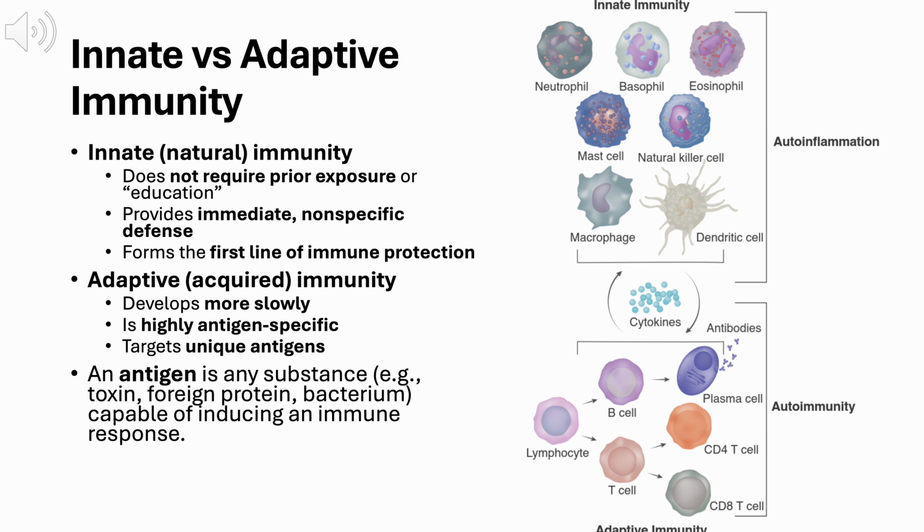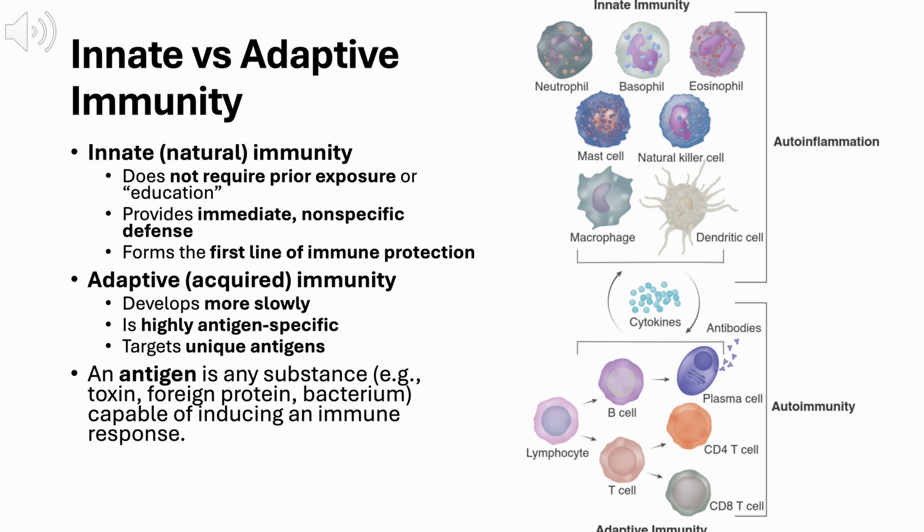Adaptive immunity develops more slowly but is highly antigen-specific. It is driven primarily by lymphocytes, including B cells and T cells. B cells can differentiate into plasma cells that produce antibodies, while T cells develop into specialized populations, such as CD4 and CD8 T cells.